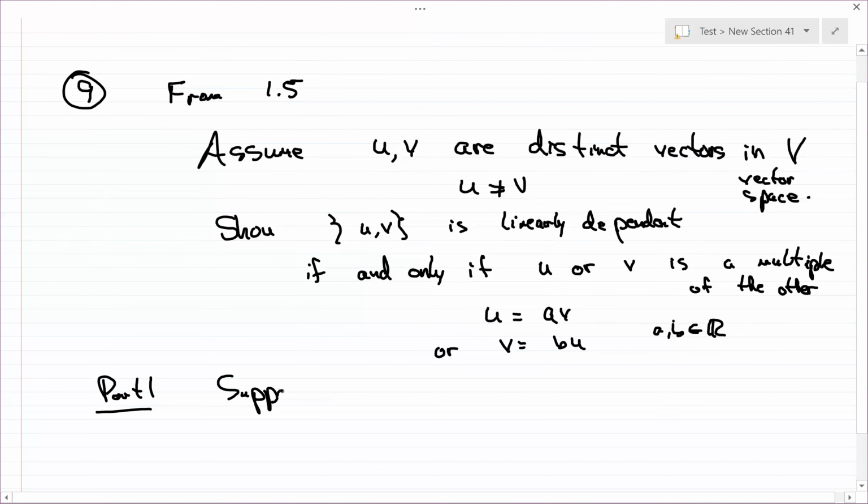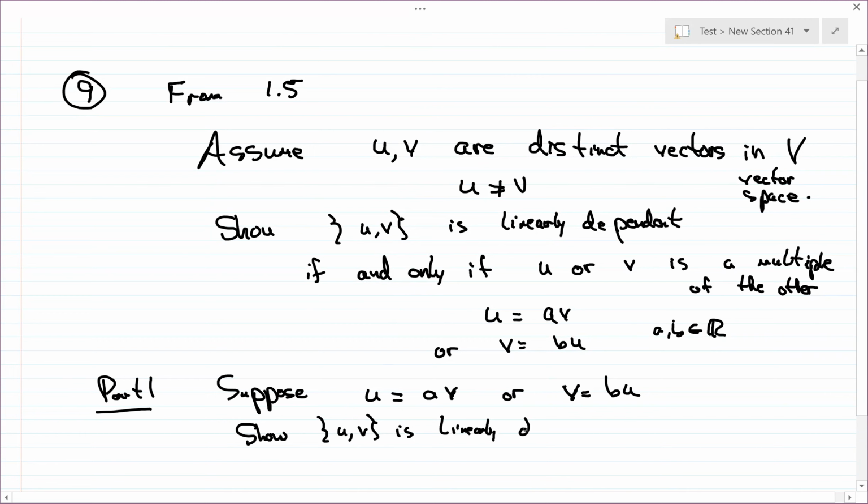Suppose U is equal to aV, or V equals aU. And then show the set U, V is linearly dependent. So that's going that direction.